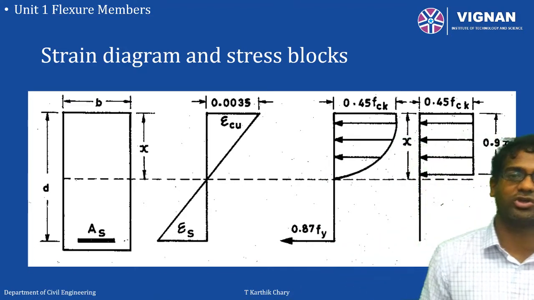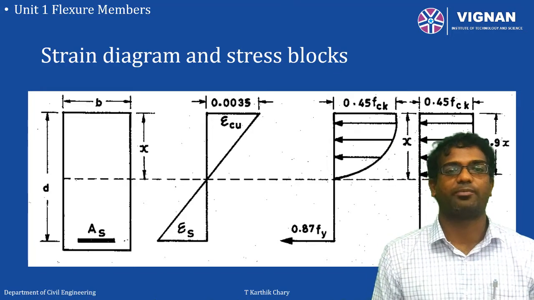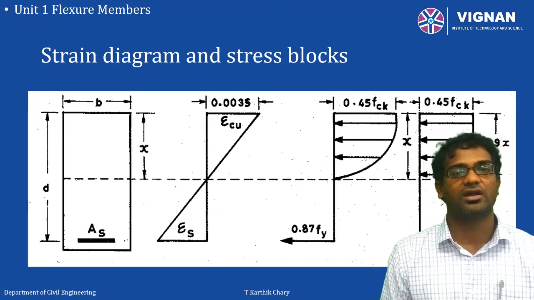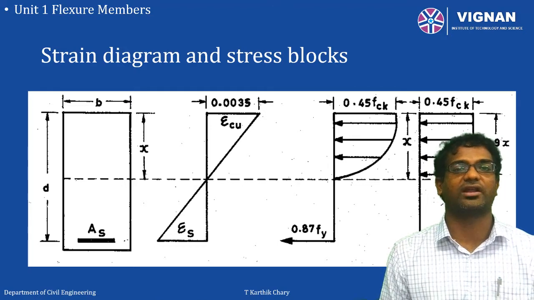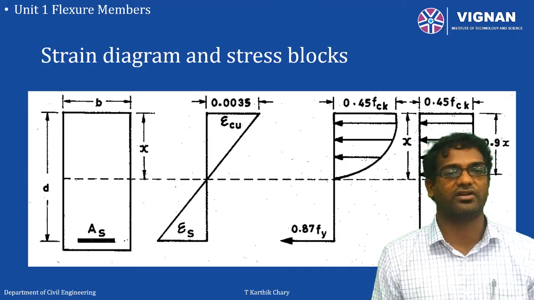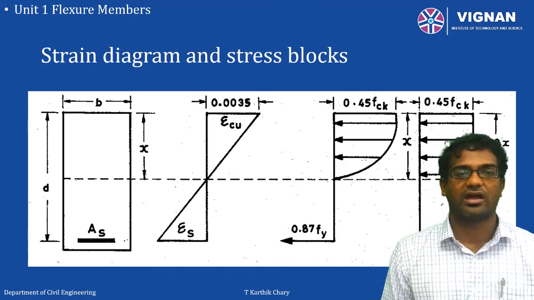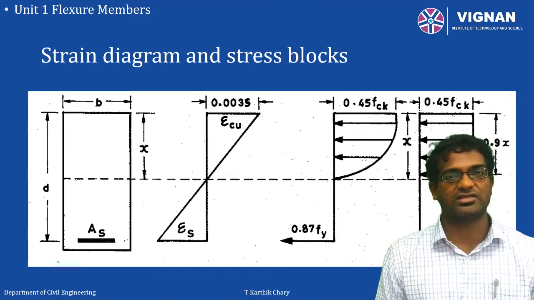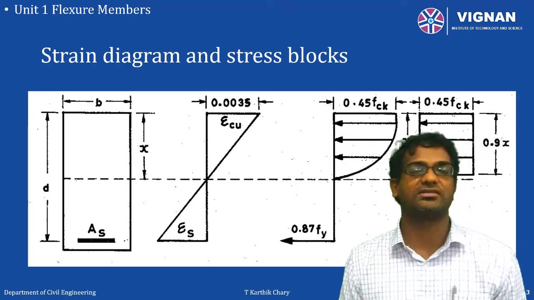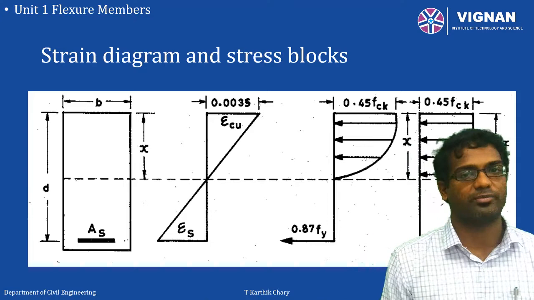I have also shown a rectangle parabola stress diagram of concrete, and also the rectangle diagram assumed in some of the country codal books. This is only for reference, but in Indian standard IS 456 we assume that the stress strain diagram of concrete is a rectangle and parabola.